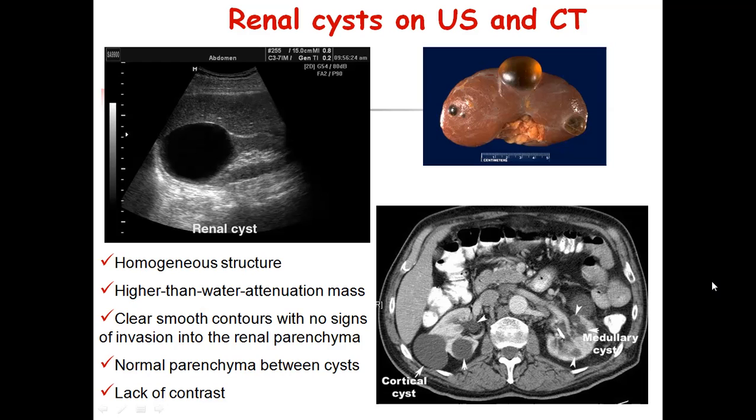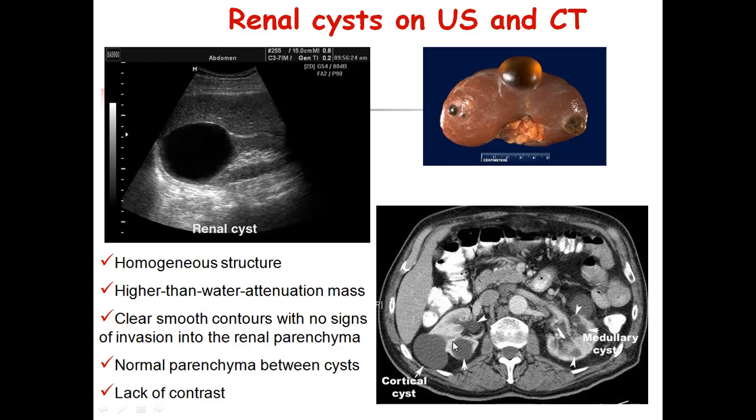First of all, it's homogeneous in structure, with higher than water attenuation, a mass with clear smooth contours with no signs of invasion into adjacent renal parenchyma. Normal parenchyma is present between the cysts, and simple renal cysts do not accumulate contrast media.